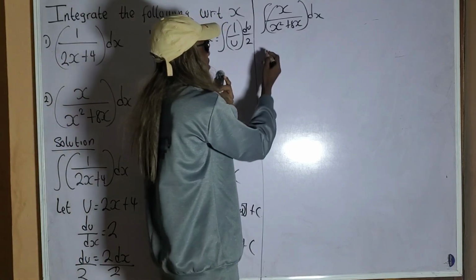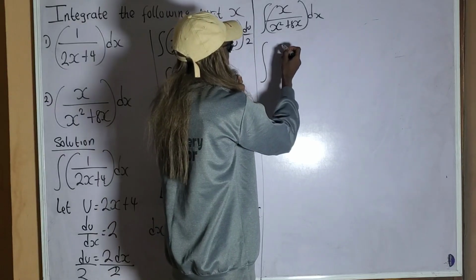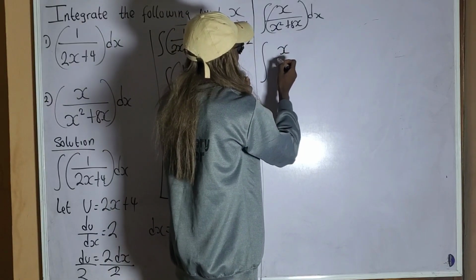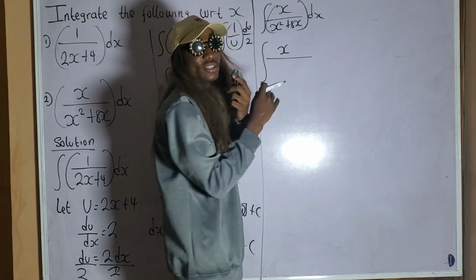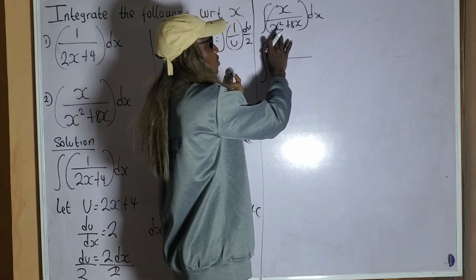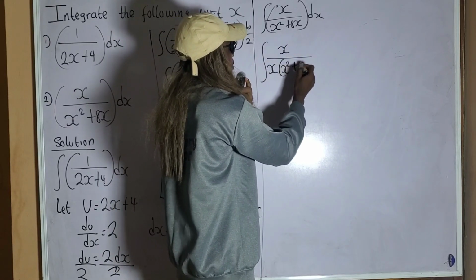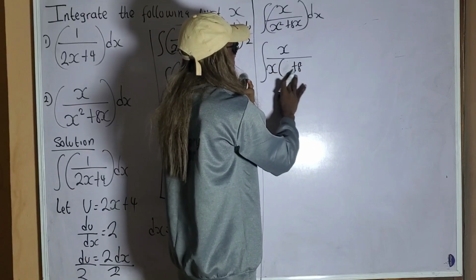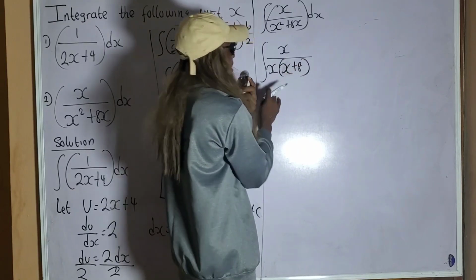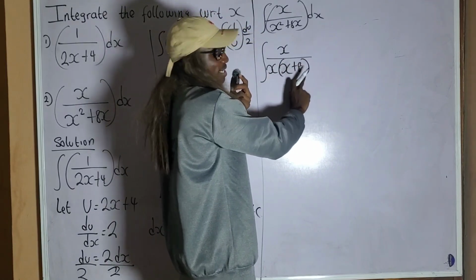I can rewrite this function as the integration of x all over, and I can factorize the denominator because x is common to this term and this term. I'm going to have x multiplied by x plus 8.